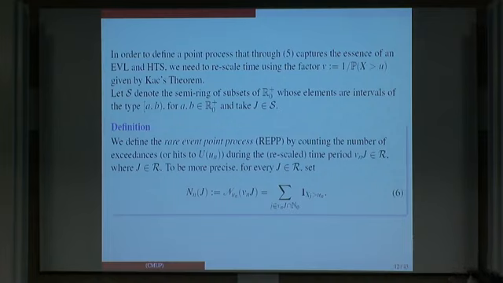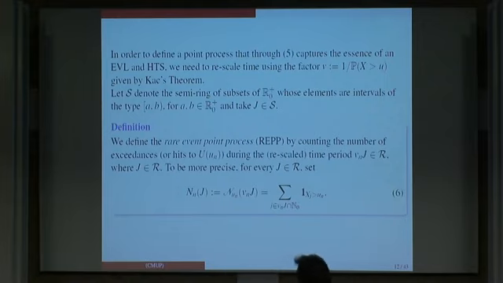Okay, so basically what we are going to do now is count exceedances, and for trying to look at a distributional limit for that, we have to normalize or rescale time in order to have some limit.